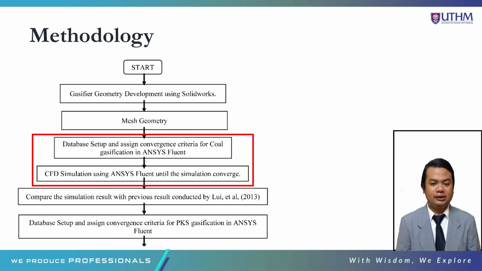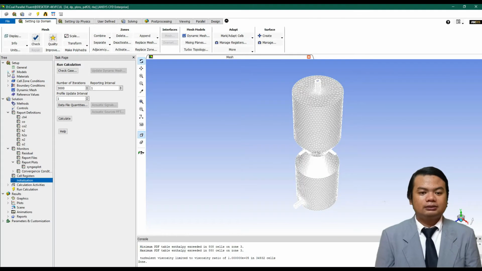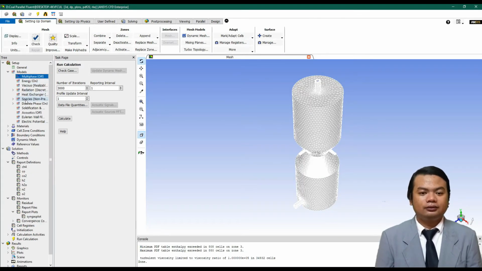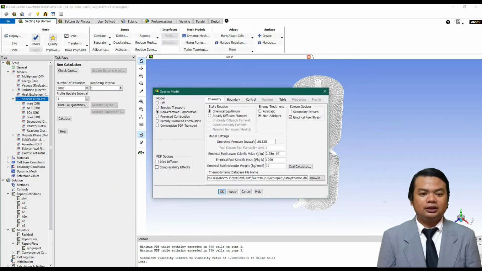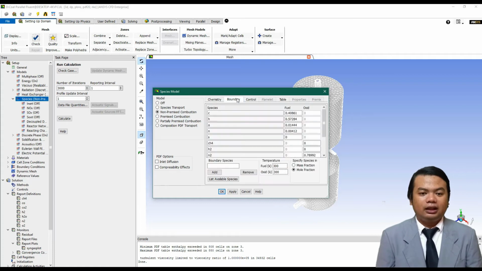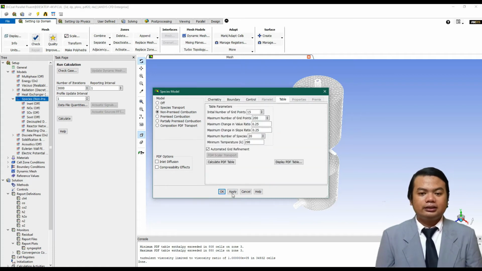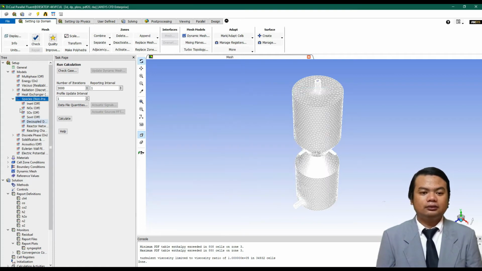After that, the mesh is imported into ANSYS Fluent for the fluid simulation setup. The species model was set to non-premixed combustion, and the fuel for the gasification was defined using the proximate and ultimate analysis. The simulation was run using coal as gasification fuel as the baseline for the study.